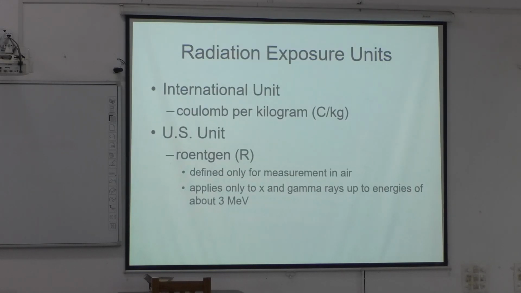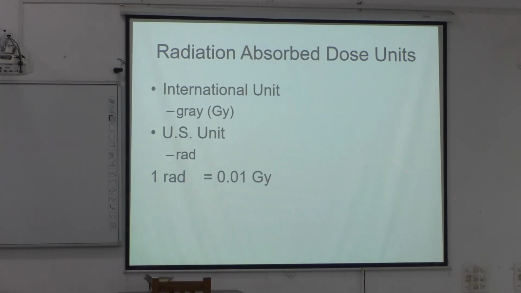Anyway, now these are international units, and the US unit for radioactivity is called Roentgen. Just know the names, that's all. Another is how much radiation is absorbed. How do you know?